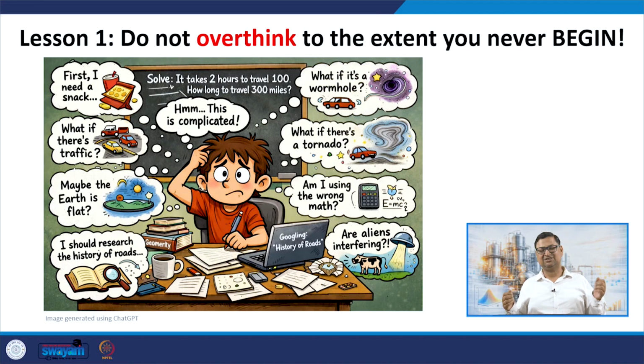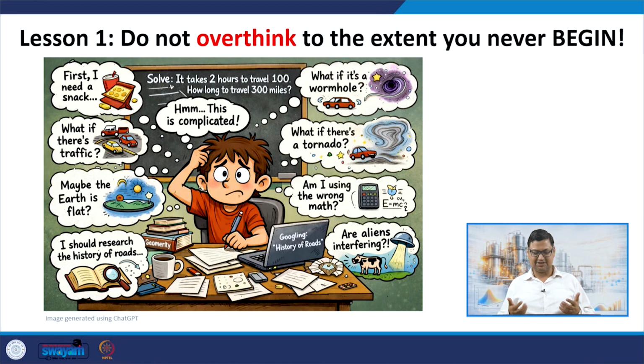This is a transportation problem, so I should pick up books on transportation and things like that. Are the aliens doing something? Is there some wrong math, this, that, and so on? So one starts imagining all sorts of possibilities that may happen in this problem, right?